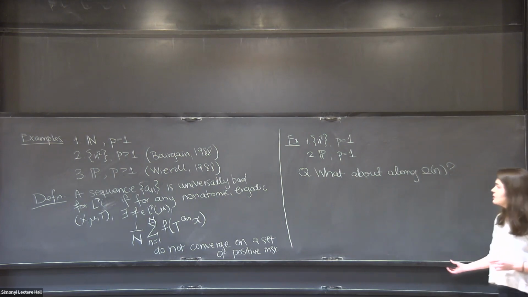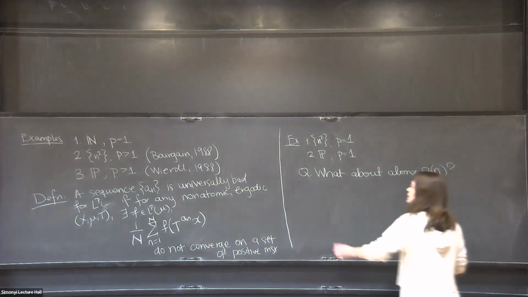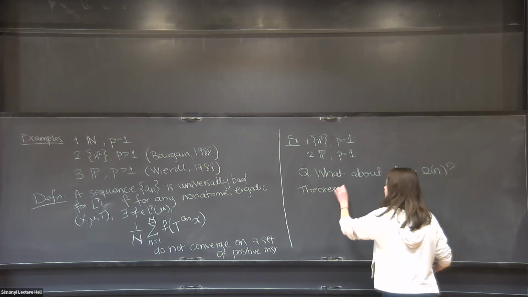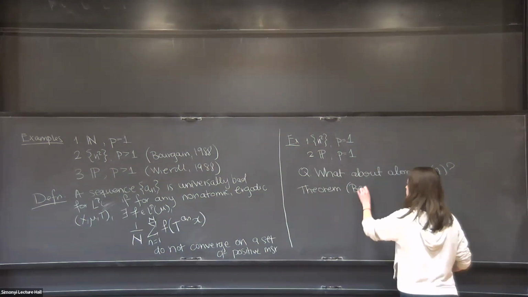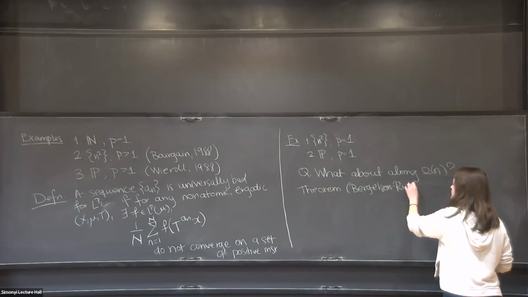This was a question previously studied under the conditions of unique ergodicity by Bergelson and Richter. In this case, we get an affirmative answer. This is Bergelson and Richter from 2020.